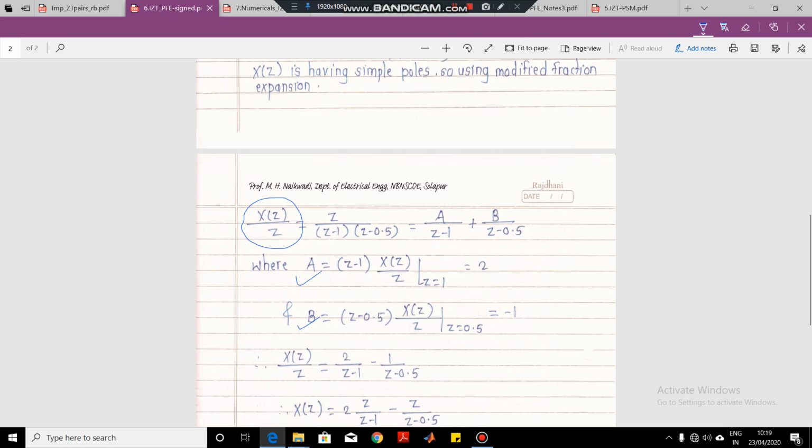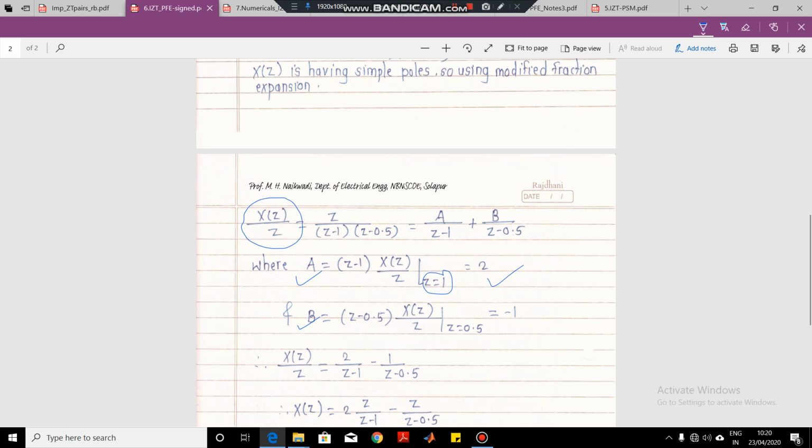This is the simple method. How do you solve? You rearrange the terms. A will be equal to, I multiply z minus 1 with X of z upon z, and evaluate it for z equal to 1. This is what we have studied in mathematics to solve partial fraction expansion. After substituting z equal to 1, you will get A equal to 2.